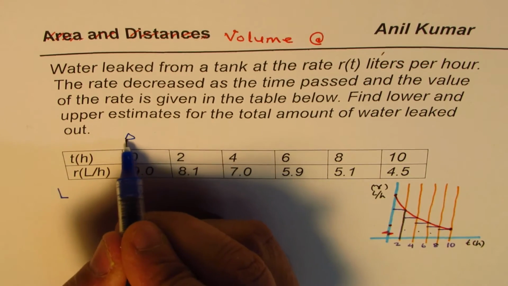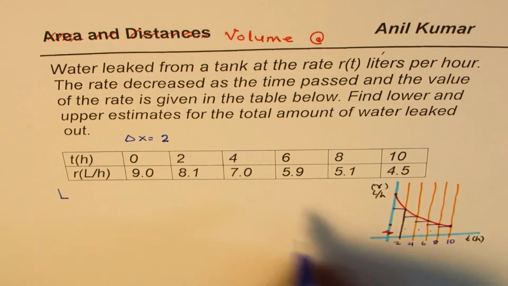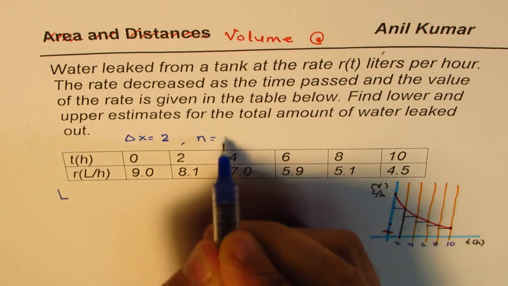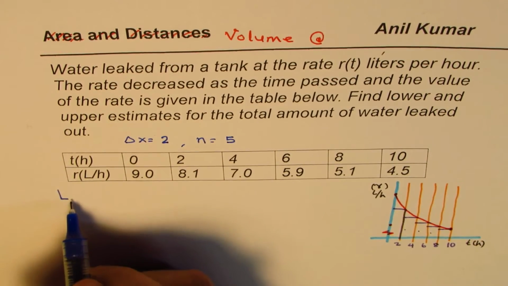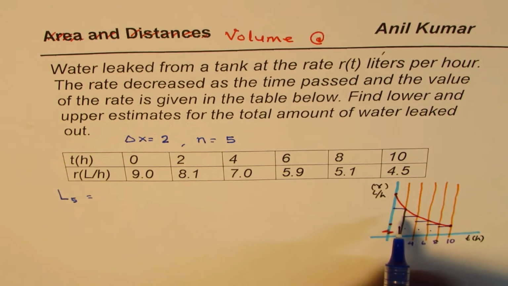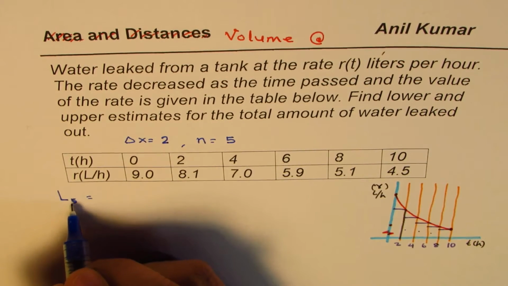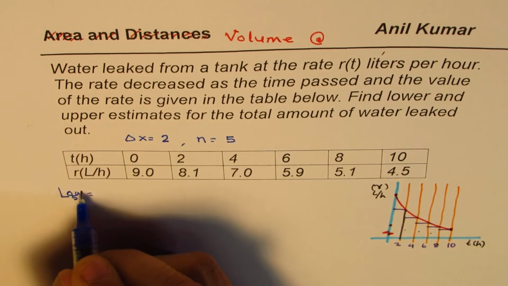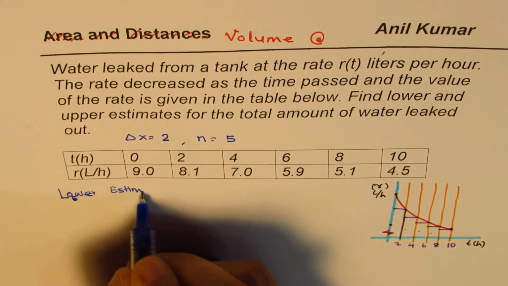So in this case, delta x is equal to 2, correct? And we have a total number of rectangles as 5. Okay, so I'll say that the lower bound will be the one in which we are going to consider the right side. Actually, I should write lower estimate first, right? Estimate.